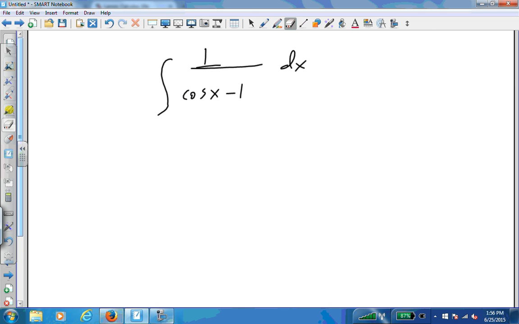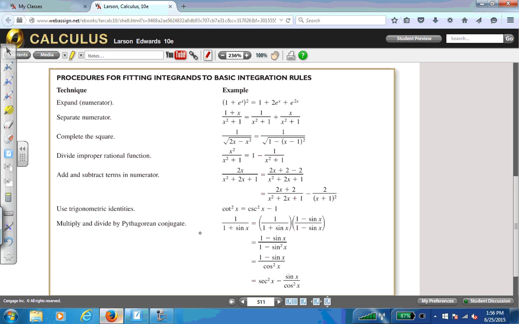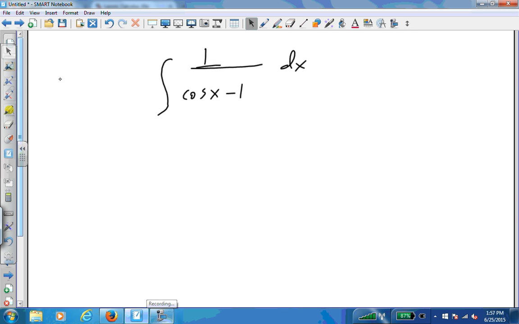But recall that one of our options was if we have a 1 plus sine, 1 plus cosine, or a minus, then one option is to multiply by a conjugate on top and bottom to try to make it a Pythagorean identity. So let's multiply top and bottom by the conjugate of this, which would be cosine x plus 1.